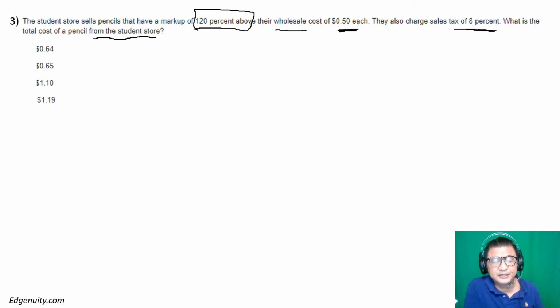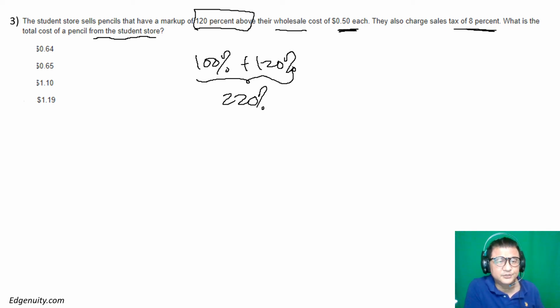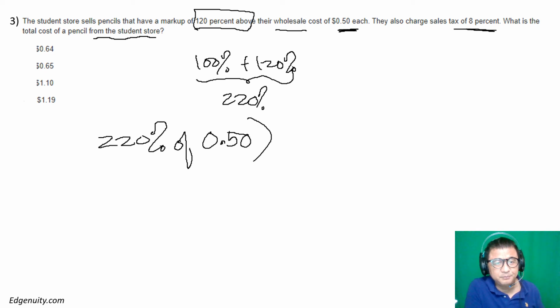Therefore, you're going to pay the 100% plus the 120% in addition, a total of 220%. So let's write it down as an equation. 220% of 50 cents, that's the new price you're paying, and then you'll have to multiply it again by 8%.